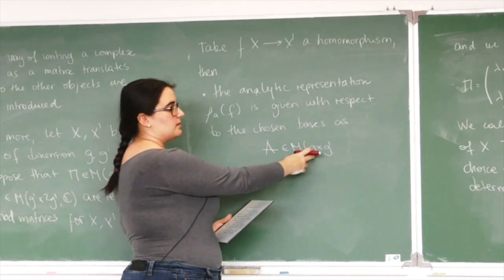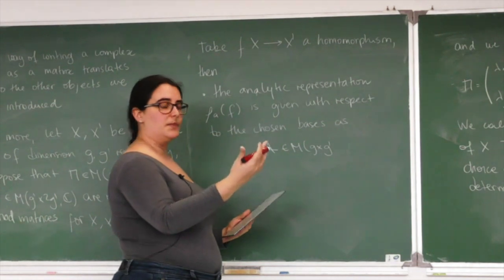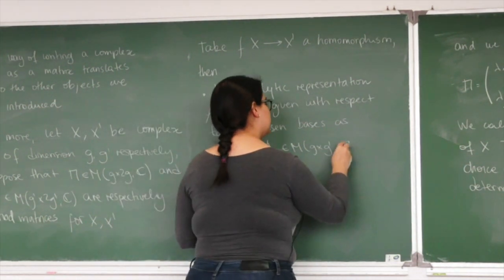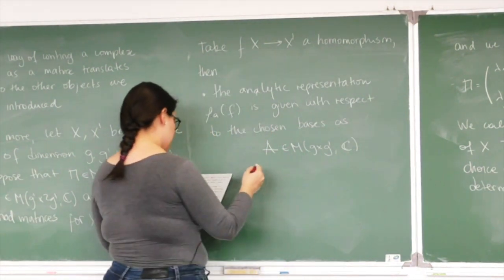So g is the dimension of the domain, and g prime is the dimension of the codomain, with complex coefficients.